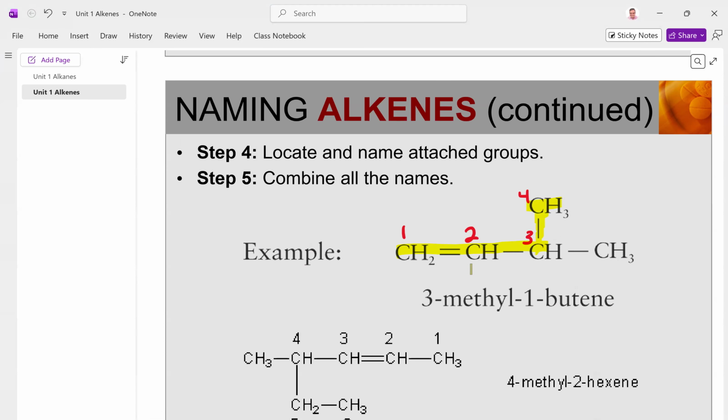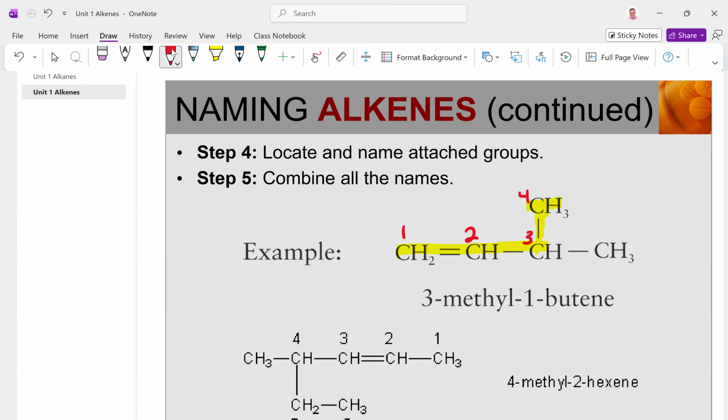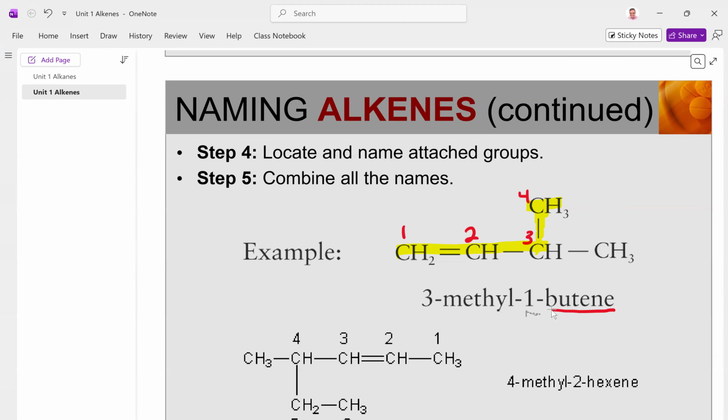So that's the backbone. We have one carbon off the backbone, so that's gonna be a branch. And it's on carbon number 3. Four carbons long, so it's gonna be a buta. And it's the butene. Starts on carbon number 1.